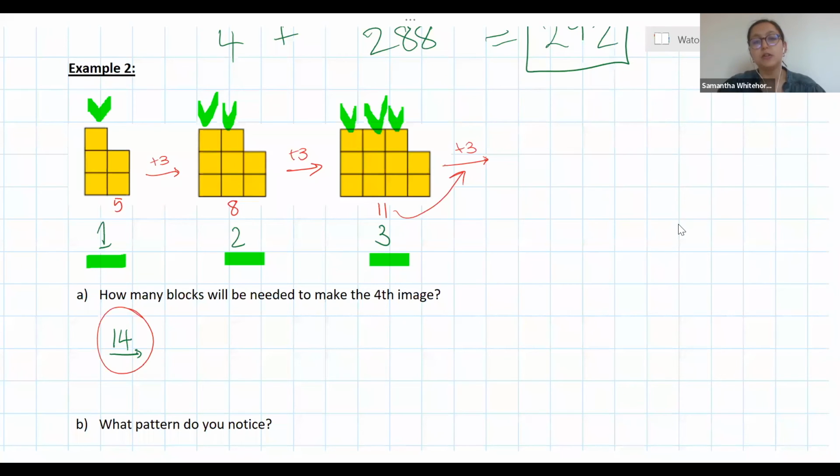If you want, we can have a go at finding a rule here. This takes us back to number patterns and finding rules or general formulas for number patterns. As long as you know what the pattern is, so here, as long as you know that you're adding 3 each time, you can find a rule. And that allows you to do exactly what you said: it allows us to figure out any image in my pattern or in my sequence.